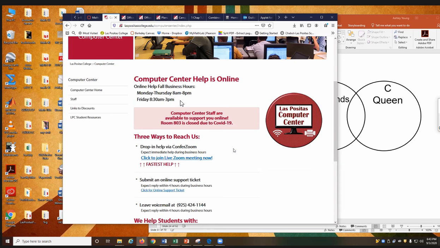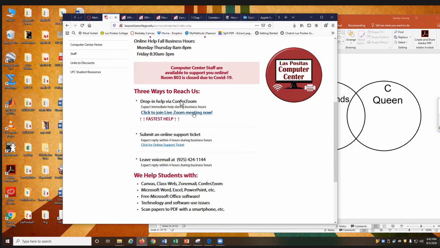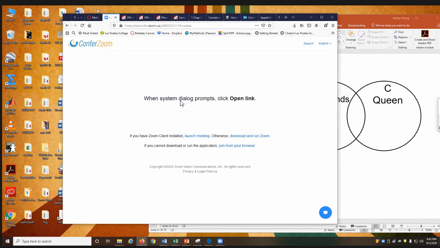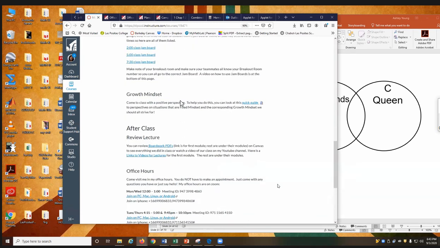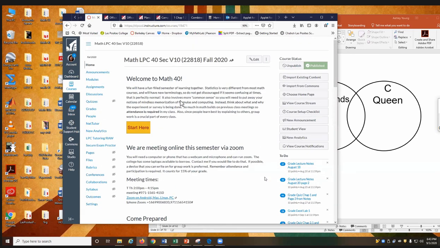You can drop in for help. You can hop into a Zoom meeting, and they can get you hooked up with your Zone Mail and probably walk you through getting Office 365 installed as well. Again, if you are using Google Sheets, you need to save it as an Excel file and download it, and then you can upload it to our Canvas for your assignments.